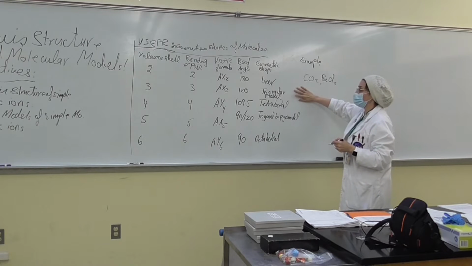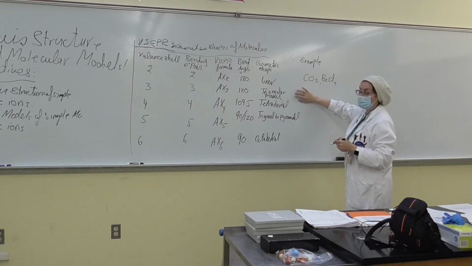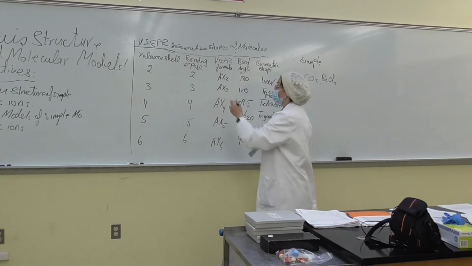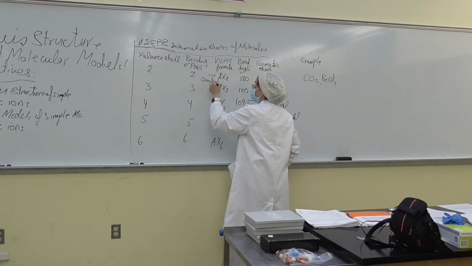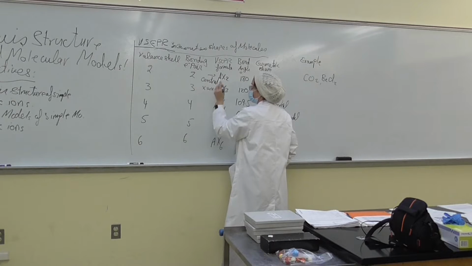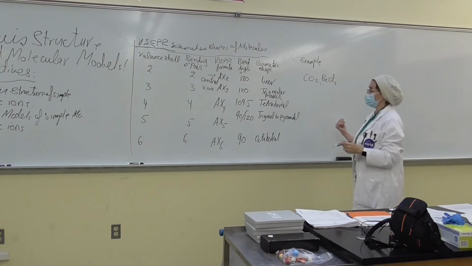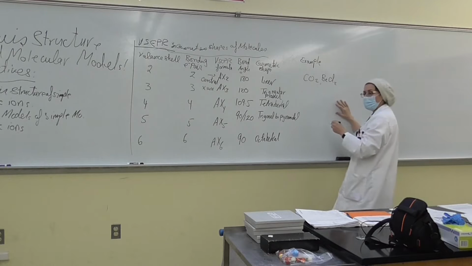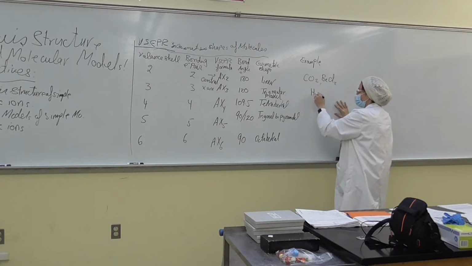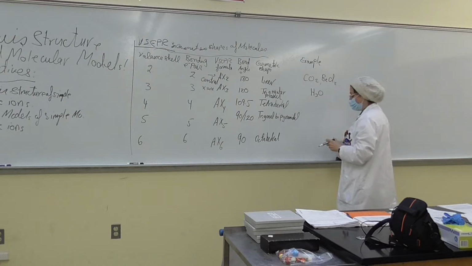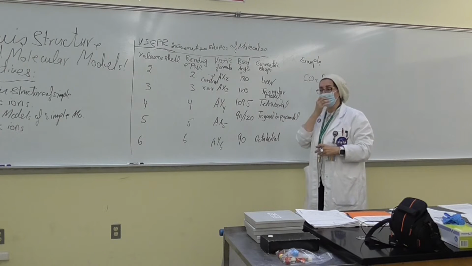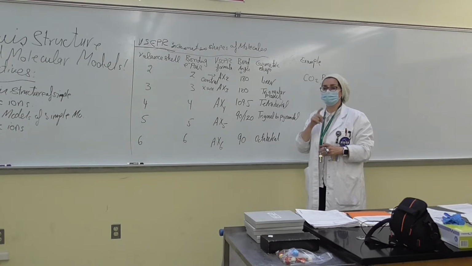Now, what about the triangle, the trigonal planar? A stands for the central atom, and the X are the surrounding atoms. If it is surrounded by 3, give me an example. H3O? No, we are not talking about molecules that have non-bonded lone pairs.